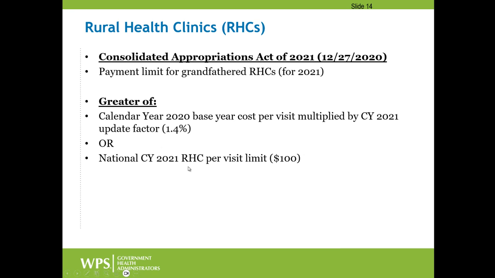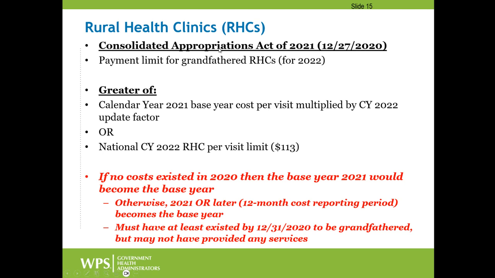That wouldn't make sense. So your limit becomes the national limit, and you're essentially in the same line as all new RHCs. But it's better than where you would have been with the cost report calculated base year cost per visit. Chances are it's going to be the exact opposite, and your base year cost per visit is probably going to be a bit higher than $100, potentially, and that is what gets locked in and inflated forward for future years. But now let's take a look at 2022.